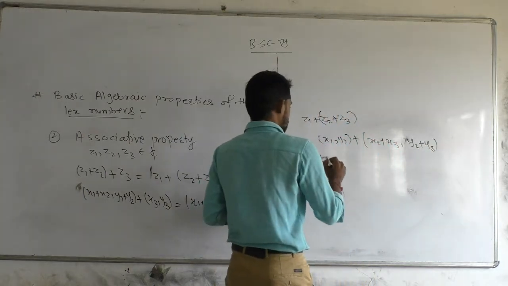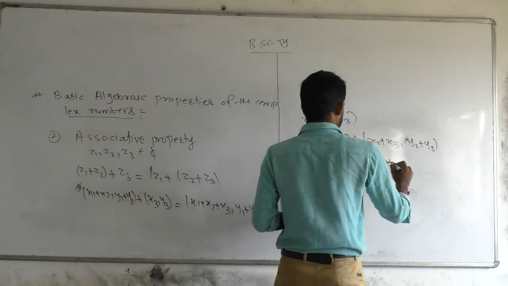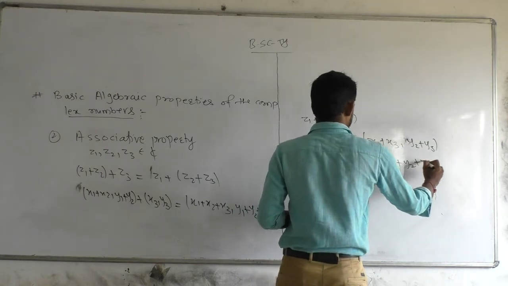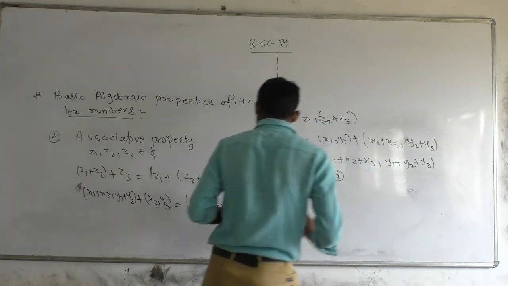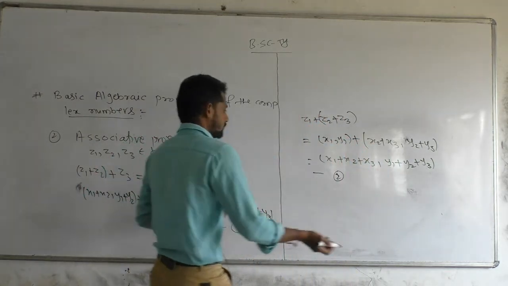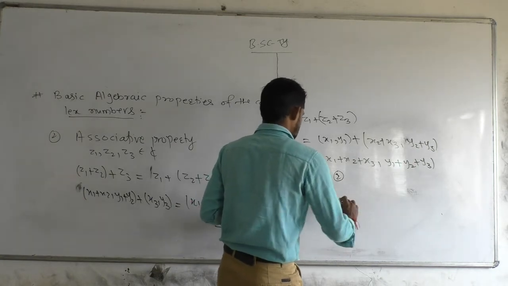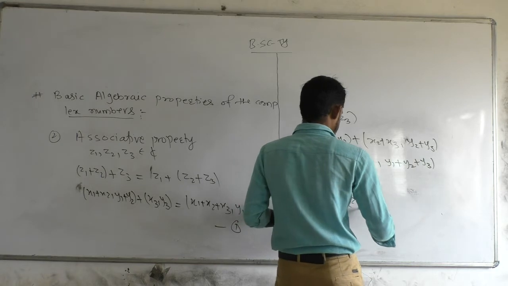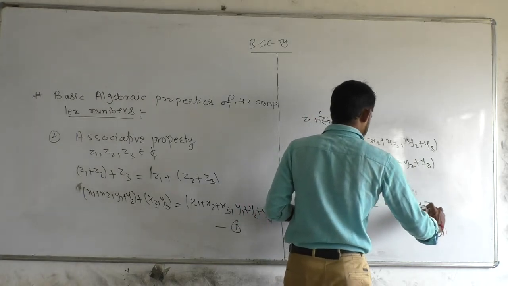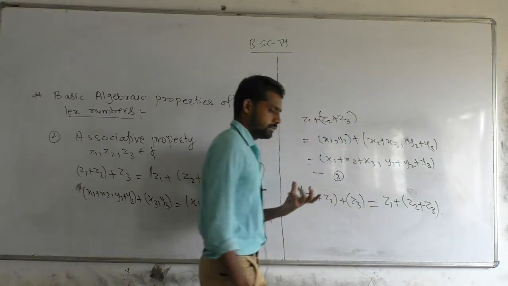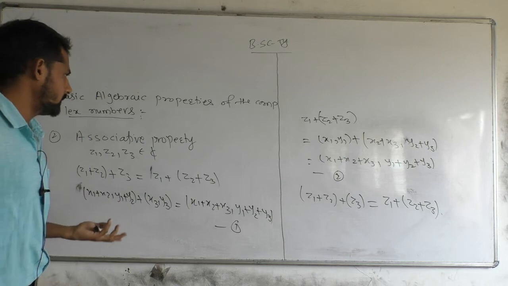So this becomes (x1 plus x2 plus x3, y1 plus y2 plus y3). So we can compare 1 and 2. From this we can directly write that (z1 plus z2) plus z3 is equal to z1 plus (z2 plus z3). So addition of three complex numbers is associative. So this property is verified.